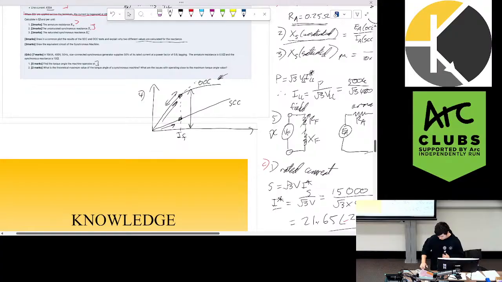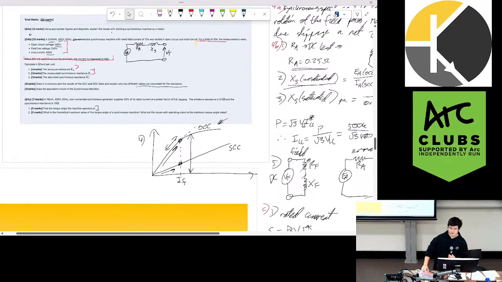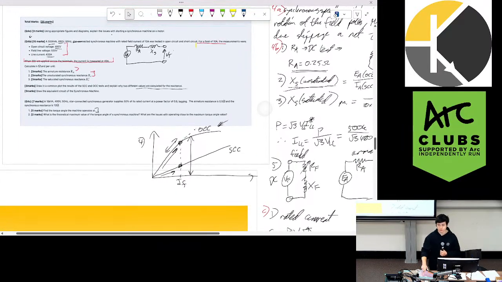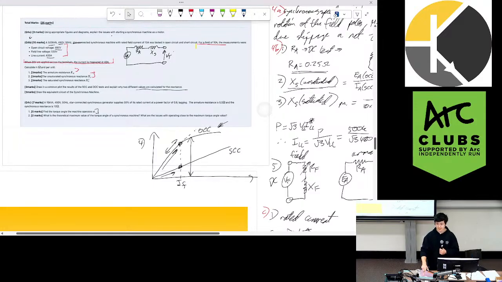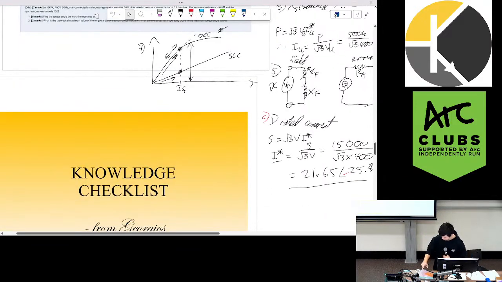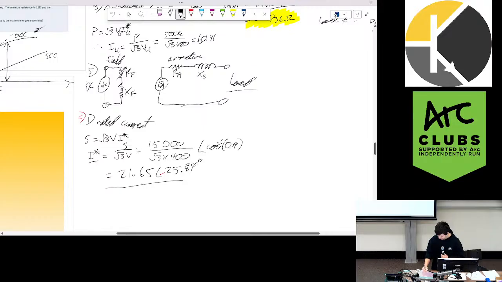We want to determine the torque angle, so the easiest way that I find to do this is to compare the terminal voltage to the excitation. So typically we say, as a reference, V, which is our terminal voltage, is going to be 400 on root 3, which is our line to line, we're considering phase, and it has an angle of 0.